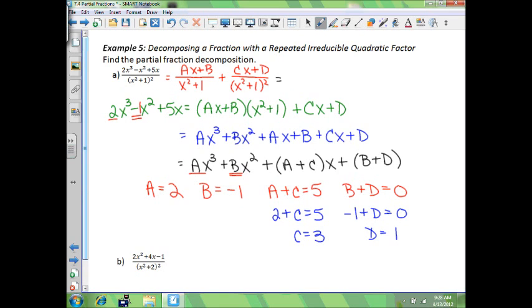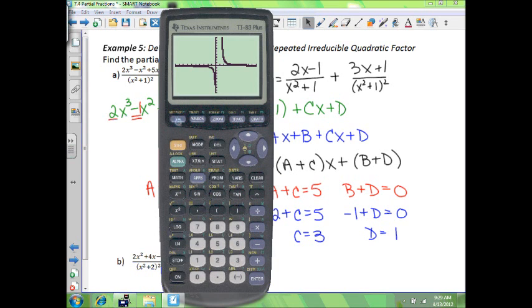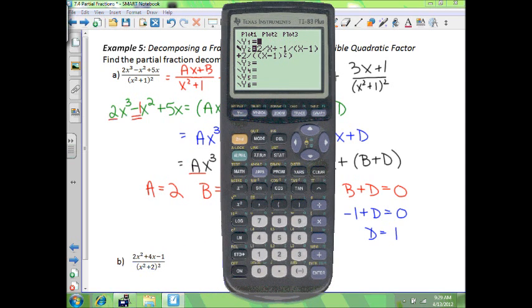So what we'll have is 2x minus 1 over x squared plus 1 plus 3x plus 1 over x squared plus 1 squared. Now you put this in your calculator. Here's what we'll have: 2x to the third minus x squared plus 5x. So there's that one there.